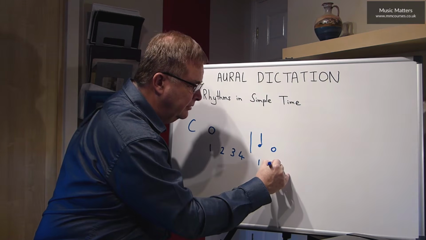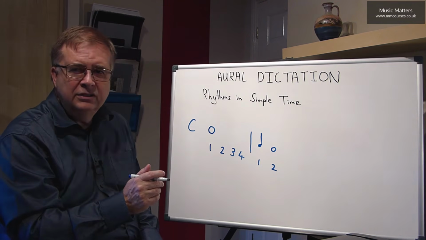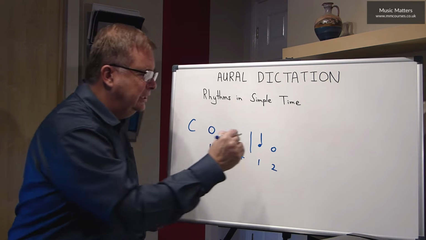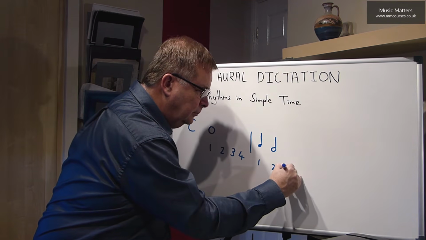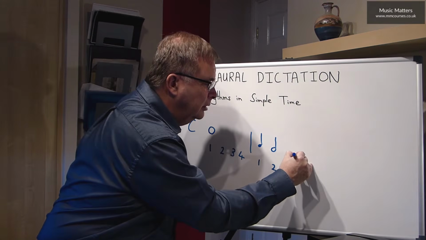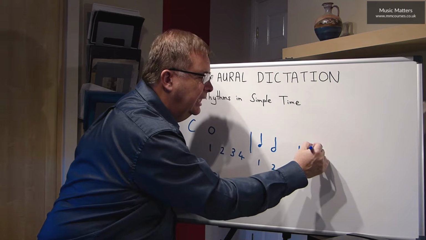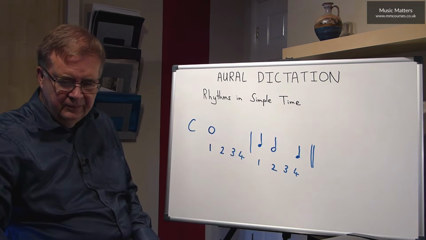So let's just do that for now and call that beat 2. How long did that note last? Well, it took up all of beat 2 and it took up all of beat 3. So it takes up 2 beats in the bar. And then we had another note that just crept in on beat 4. And if that's the end, there's our customary double bar line.